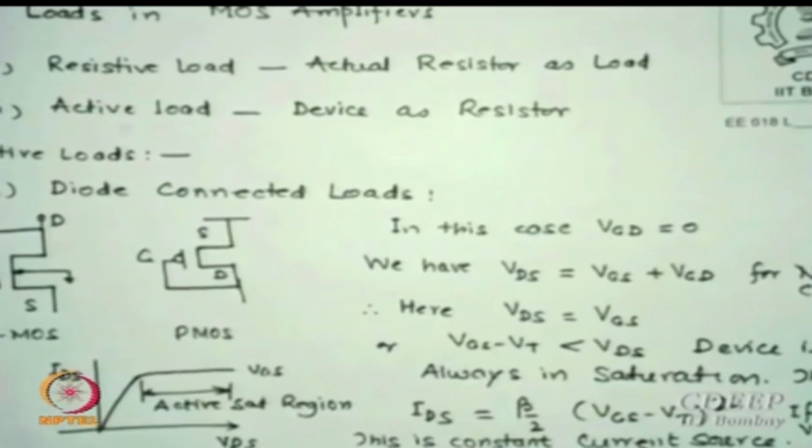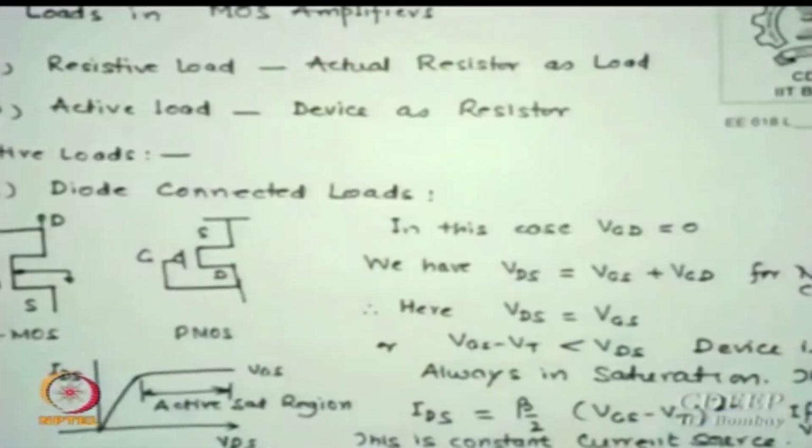If you wish to put lambda, you can, though you may say if lambda is 0 then that should show infinite, but assume the value is whatever is derivable. This acts like a constant current source. So sometimes it is also called a current source load. The diode connected loads are also sometimes called current source loads, because this is a current source, only a function of the given VGS, and therefore it is a constant current source.